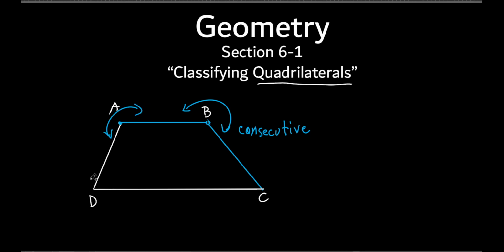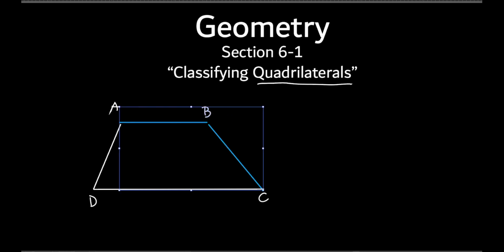Those two are consecutive. And these two are consecutive. Those are supposed to be arrows, okay? So these two sides right there are consecutive. All right, enough of that. Let's get rid of all that mess. Yeah, basically the ones that are next to each other. That's how I like to think of it, okay? They're consecutive.